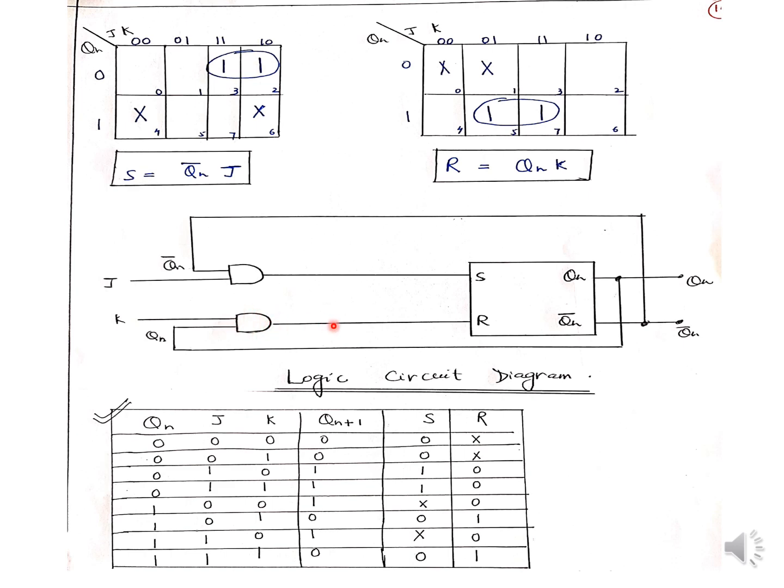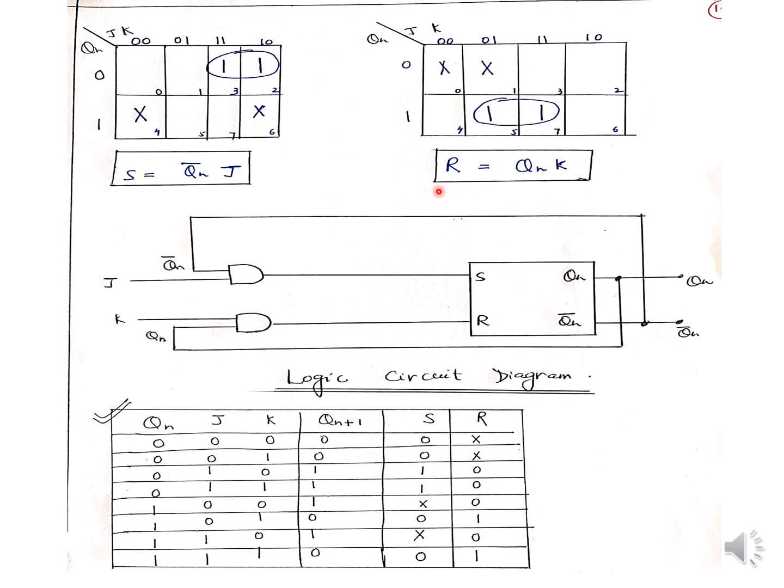Then I have connected K and Qn with the AND gate, and this output is fed to the R input. So this is my logic circuit diagram. That means using the SR flip-flop, I have basically determined the JK flip-flop.